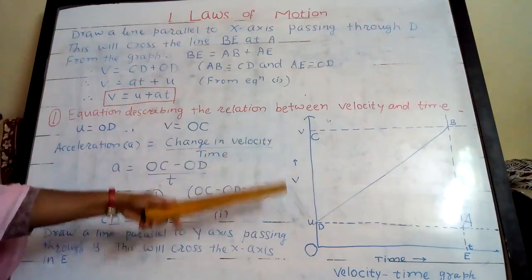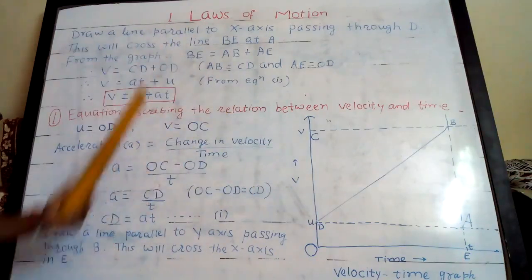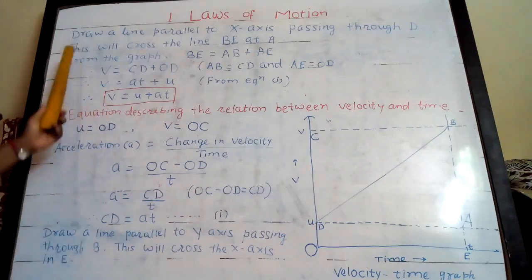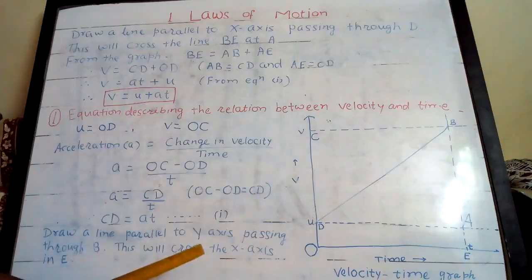See, we have drawn lines parallel to the x-axis and the y-axis. The line parallel to the x-axis passes through D. This will cross the line BE at the point A.